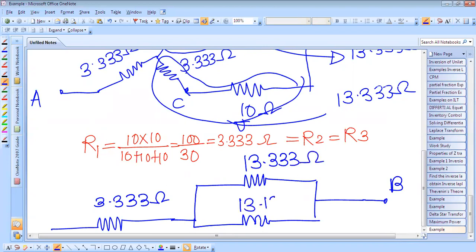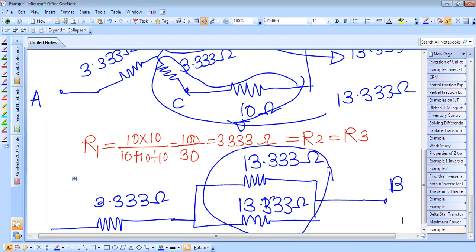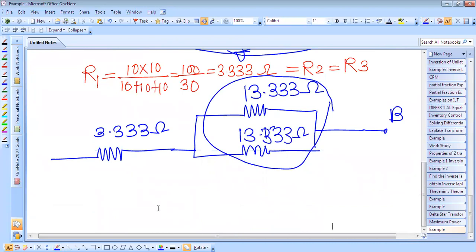This is also 13.333 ohm. Now these two are in parallel. Okay. So when these two are in parallel, we have to find the equivalent resistance of this.